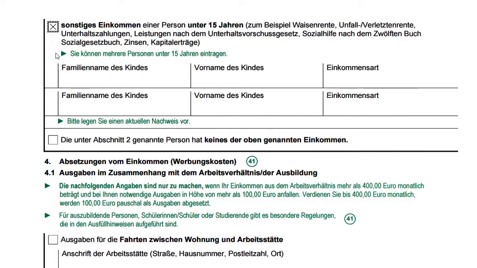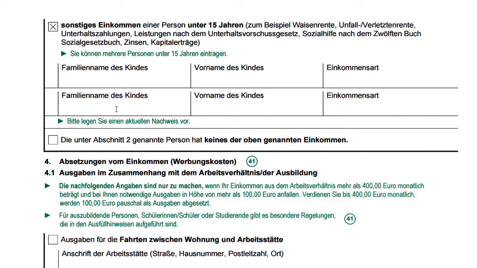And you can write the information about more than one person who is under 15 years of age here and here. You should write the last name of the child here, the first name here, and the type of the income he or she has here.